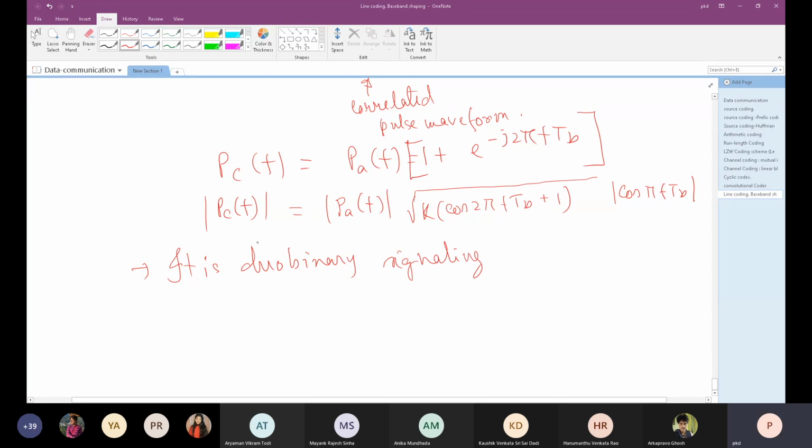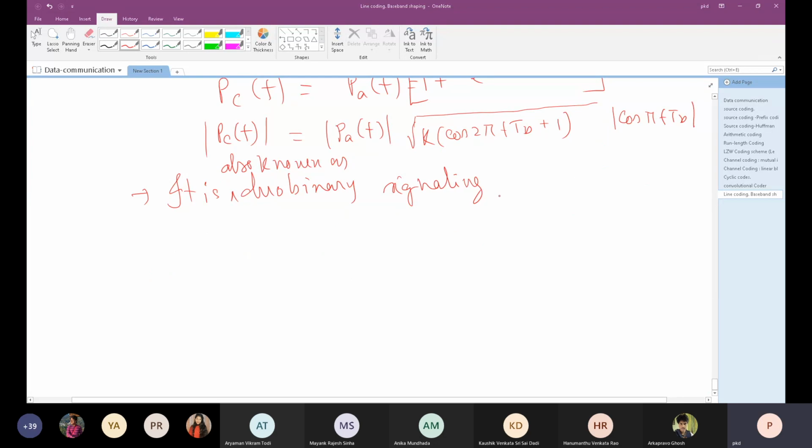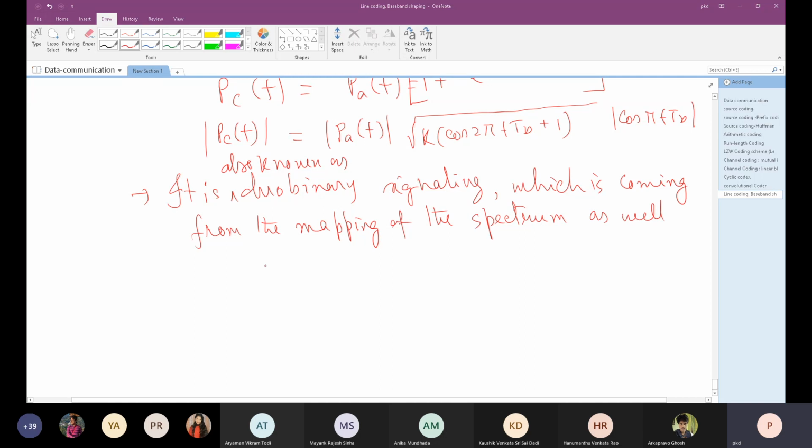So this duobinary name is coming from the mapping of the spectrum as well as the symbols.